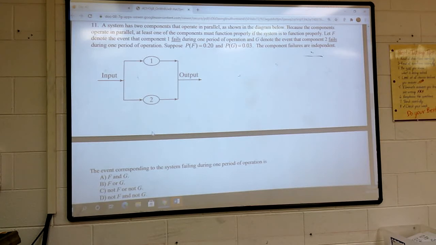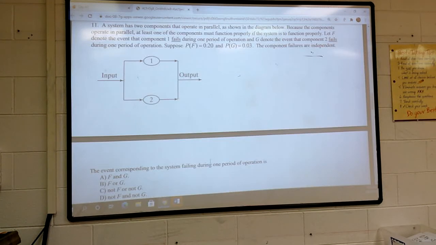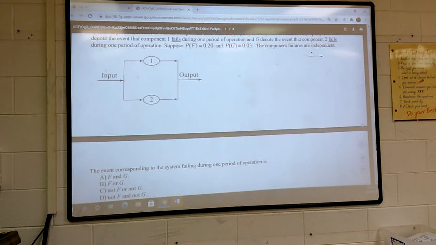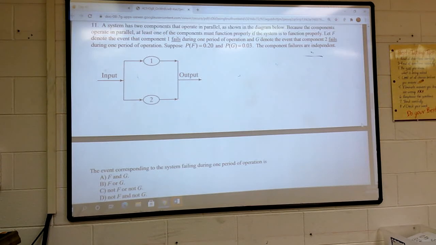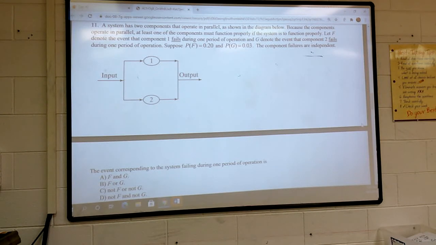So the event corresponding to the system failing during one period of operation is... What would it be if we need to know the probability of the event failing? What does F and G stand for?